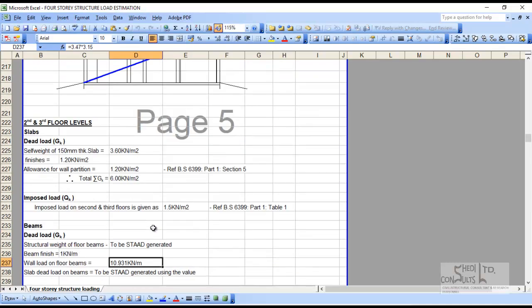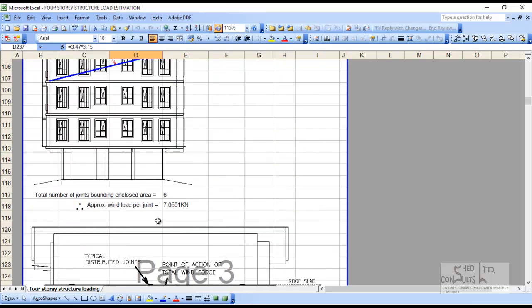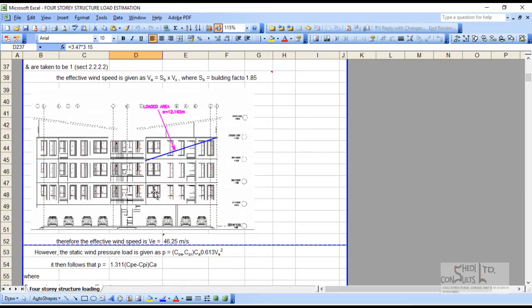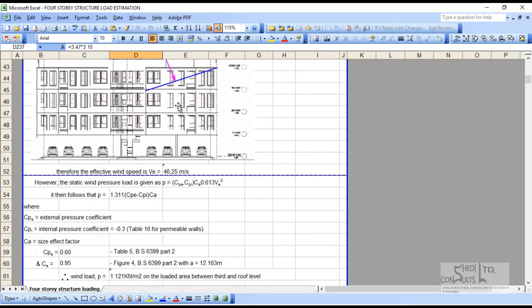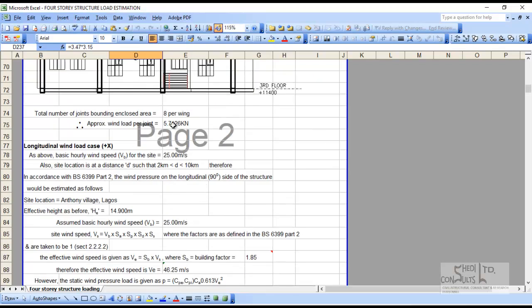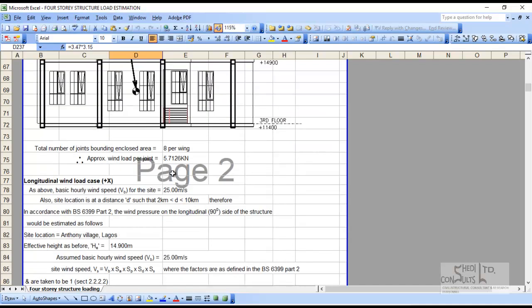Let's start with the roof level. The total wind force, look at that. This is the area. The total wind force we calculated is 45.7 kilonewton at the roof level, and it's acting here. But the total force per joint, divided by 8, is 5.7126.